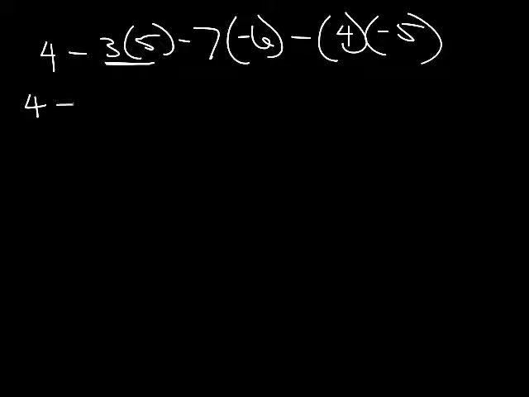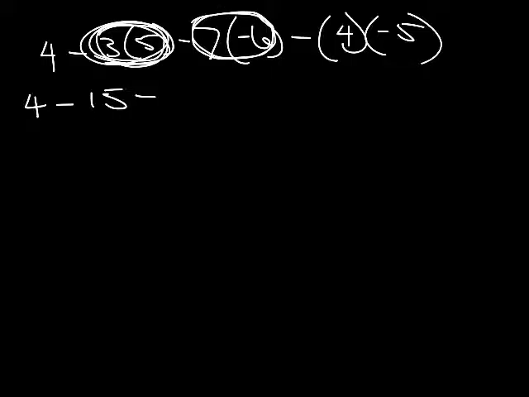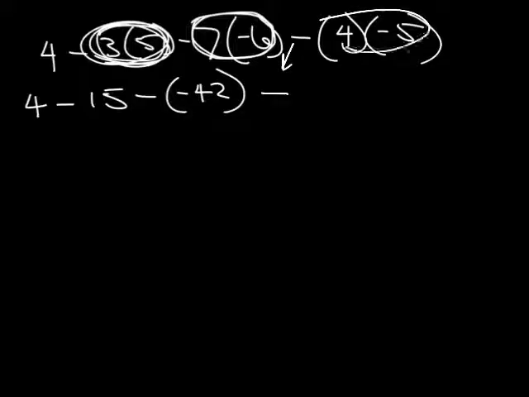So 4 minus 3 times 5, we're ignoring signs, it's 15, minus 7 times negative 6. Notice I got a negative 42 there because this negative here is this one, and 7 times negative 6 is negative 42. And we're going to bring this sign down and multiply 4 times negative 5 and get negative 20. See how it works well to have things in parentheses.